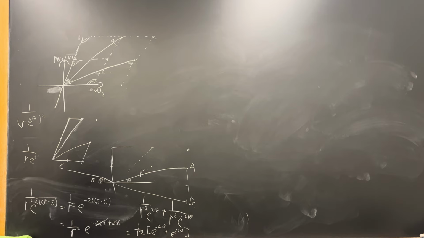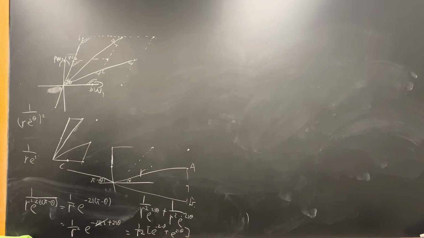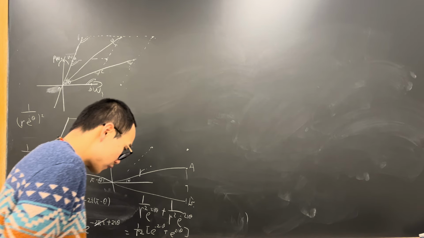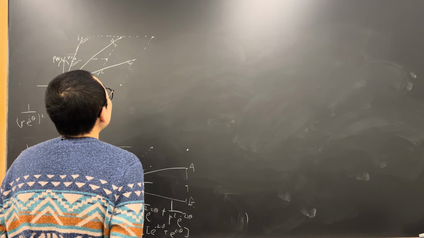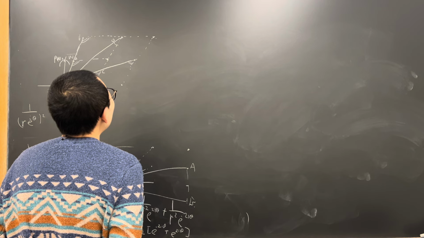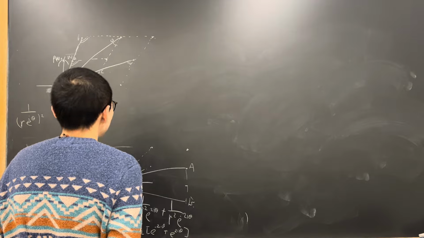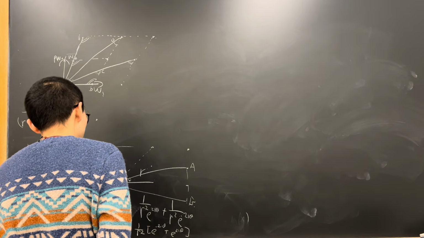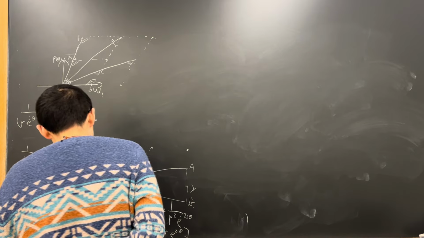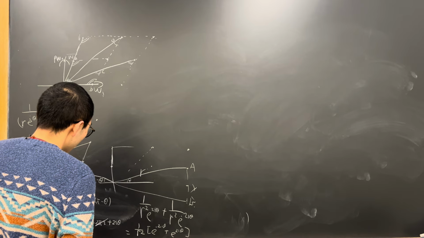What do I mean by taking a minus sign? I think it's just a reflection based on the x-axis, the real axis. So you double it, and then you take a reflection based on the x-axis.